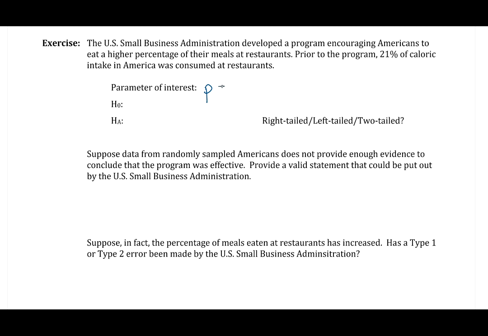And then you want to write down what it is representing. So in this case, it's representing the proportion of calories consumed at restaurants by Americans.